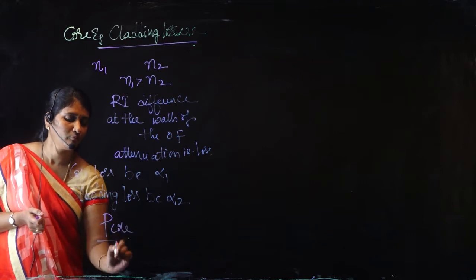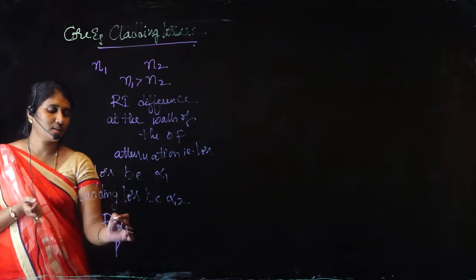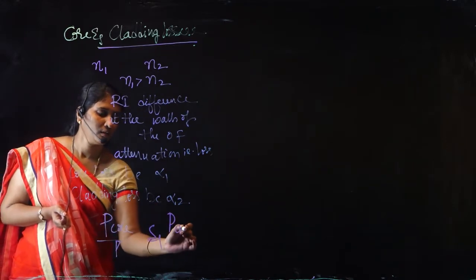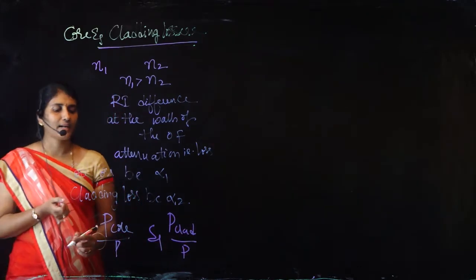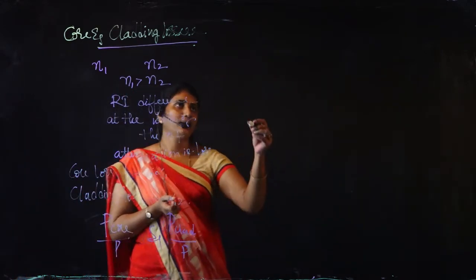P core by P, that means the power that is being transmitted and the power that is being coupled at the core, and P cladding by P. Let P core by P and P cladding by P be the fraction of powers at the core and the cladding part.